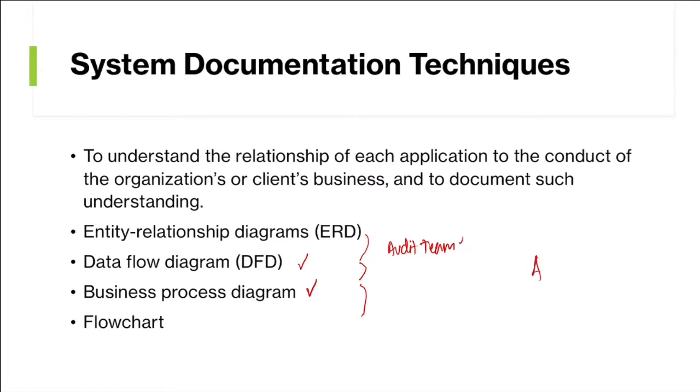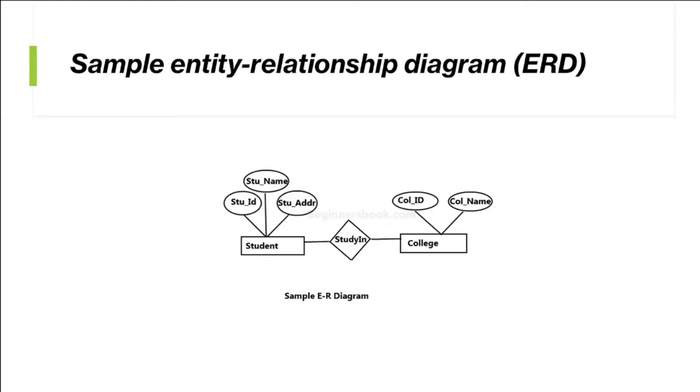If you can remember, in AIS, you have seen processes such as the sales or revenue process. Similarly, data flow diagrams are used to document system processes. So here is an example of an entity relationship diagram. So we have the relationships and the entities.